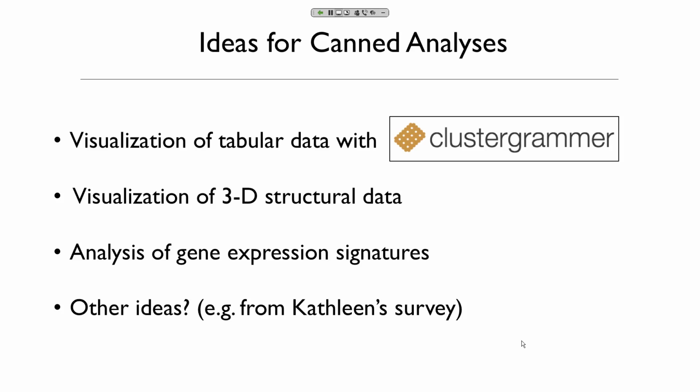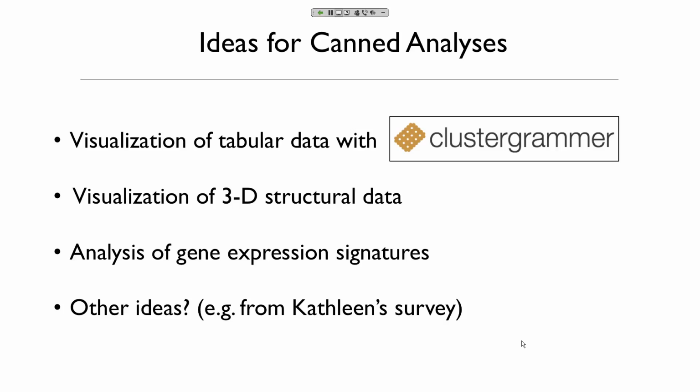So, wrapping up, a last slide. Ideally, these canned analyses, as I mentioned before, will not only be limited to transcriptomic datasets, but could potentially be expanded to support any number of data types and tool types. For example, a canned analysis could be a visualization of any type of tabular data with a clustergram tool, or a visualization of 3D structural data of proteins, ligands, and interactions.